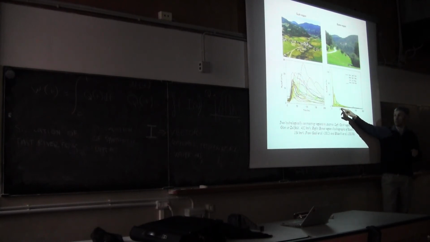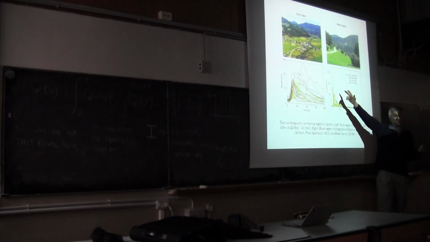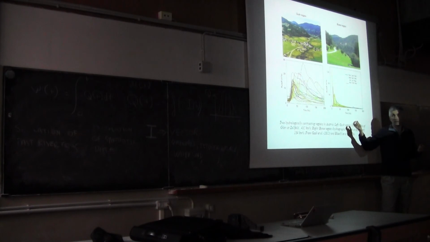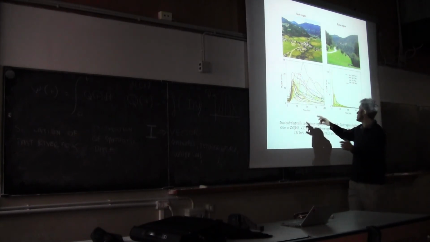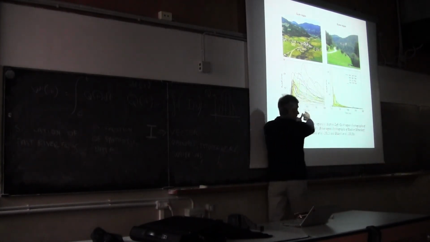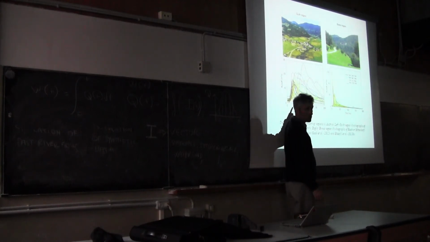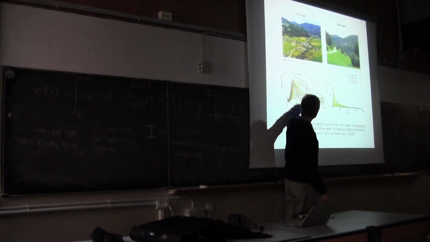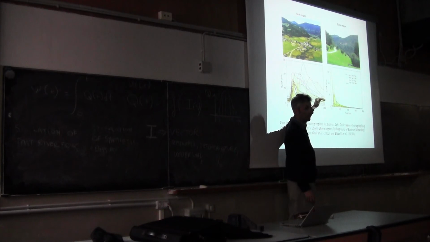Instead, when you have an immediate response, you don't have storage and the peak flow is increased. Fast response, peak flow increased, less storage. Slower response, you see it takes more time to get to the peak, more water storage and lower peak flow.